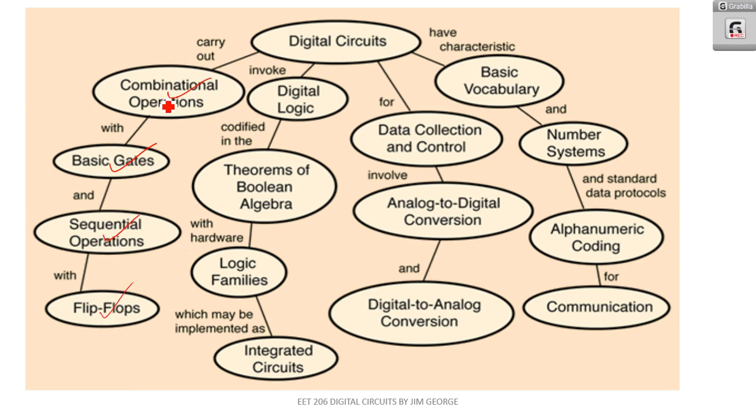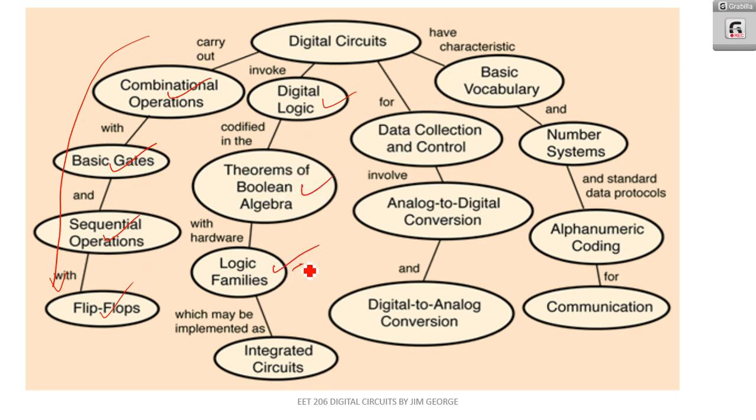So in our subject we are dealing with this part, that is digital circuits: combinational operations, how to perform the basic gate operations, then the sequential operations and flip-flops. For that, we need to invoke digital logic, and we need to know the theorems of Boolean algebra and the logic families.